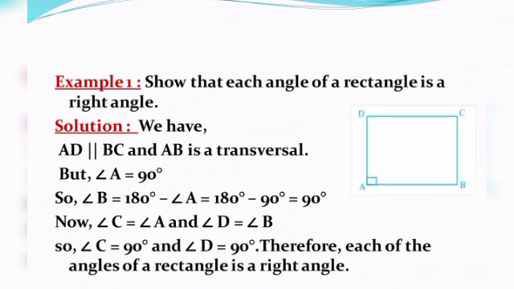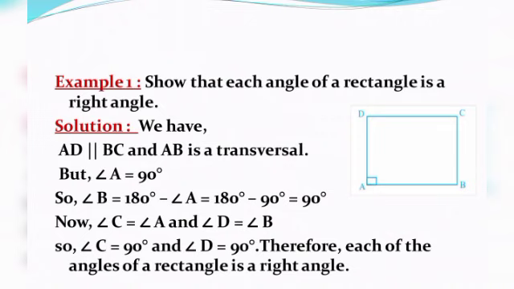We have AD is parallel to BC and AB is a transversal. So, angle A plus angle B is equal to 180 degrees. But angle A equals 90 degrees. So, angle B equals 180 degrees minus angle A, which is equal to 180 degrees minus 90 degrees, that is equal to 90 degrees.